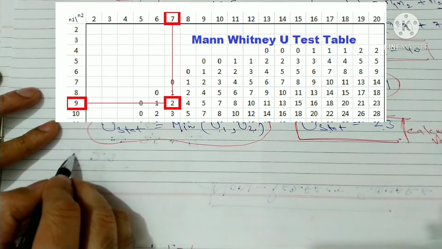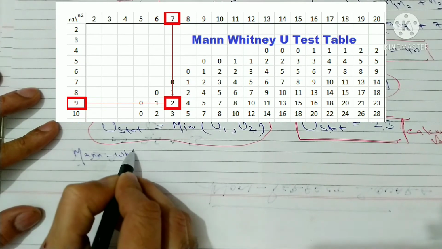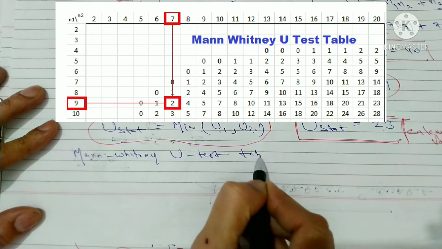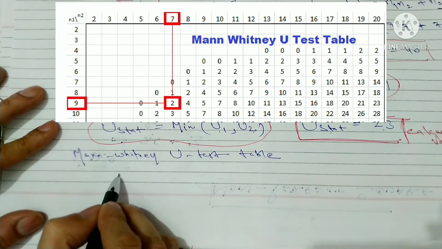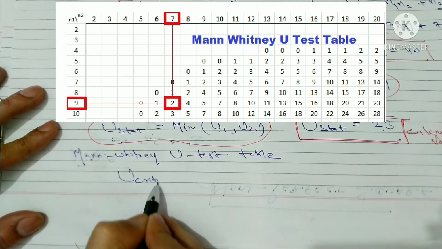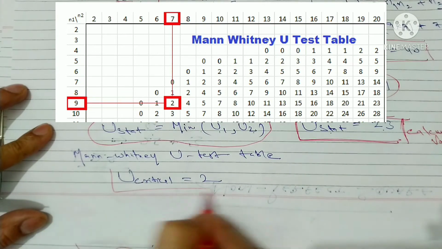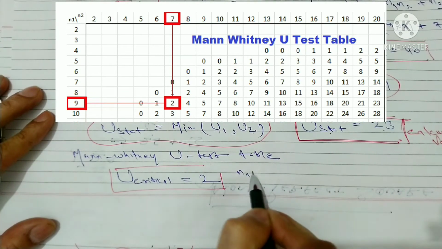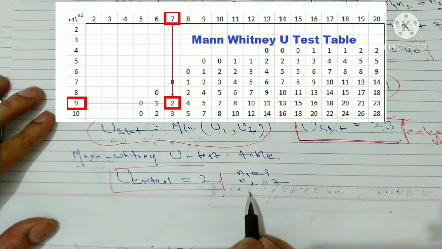Now from the Mann-Whitney U test table, the critical value U critical is 2 for n1 equals 9 and n2 equals 7.